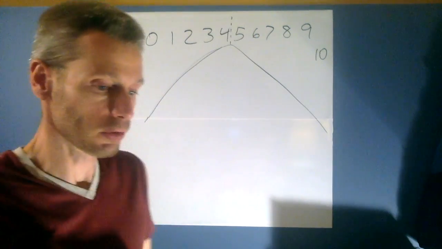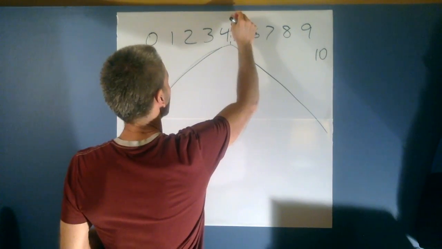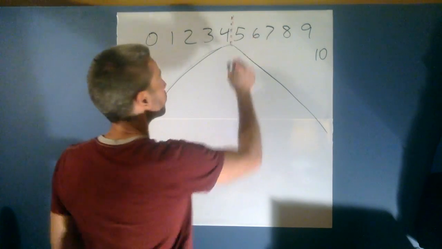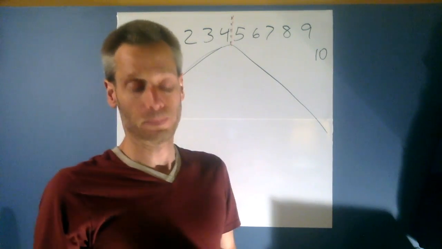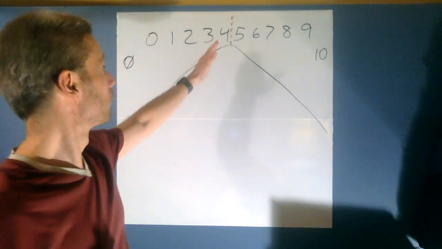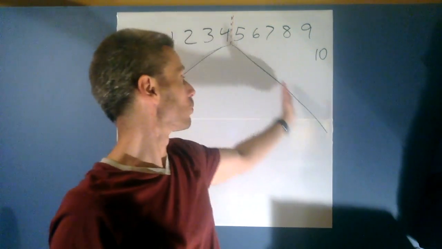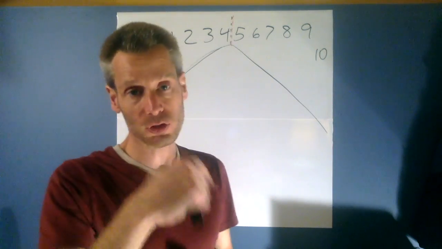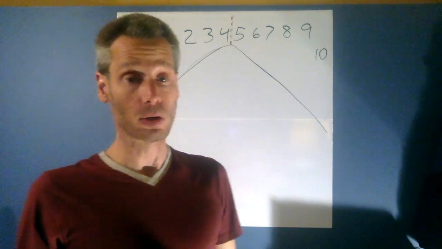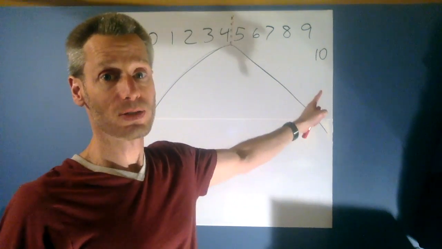I should do that in another color to make it pop. There is our dividing line. So if that number hits the mountain, it's going to roll either this direction, down, or this direction, up. So let's say we're looking at the number 4. Is the number 4 closer to 0 or 10?